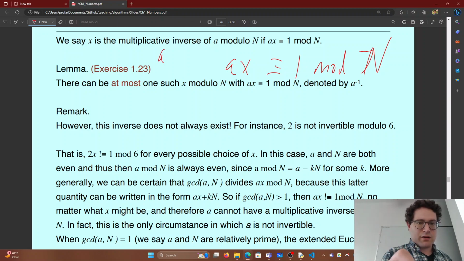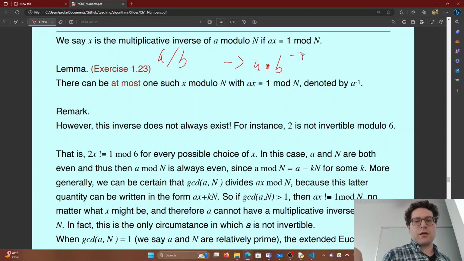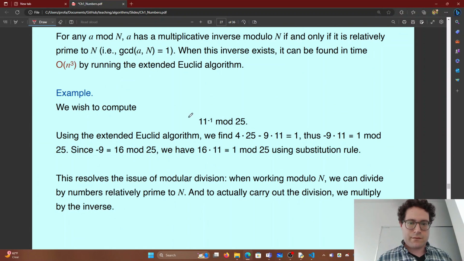If you want to calculate A divided by B, there's only one way to do that in mod n, which is we need to calculate A times B's inverse. Make sense? And how do we get B's inverse? We have to run the Euclidean algorithm.